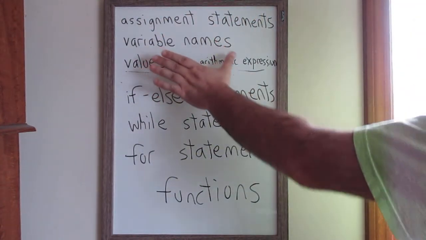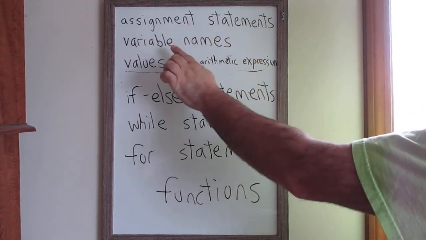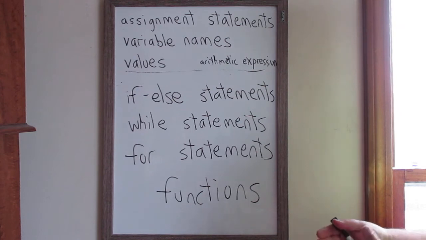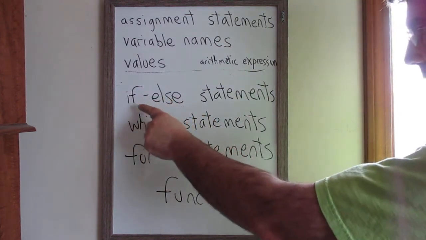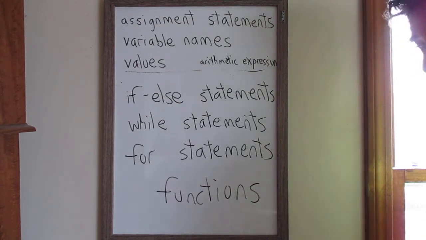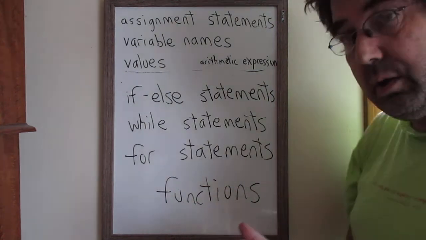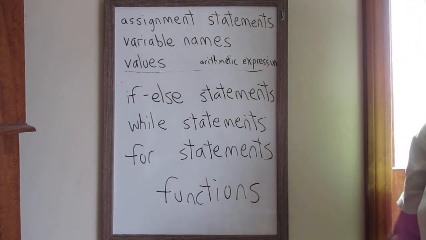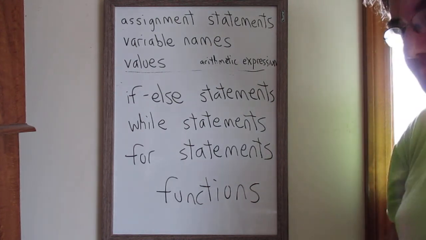So you learn these building blocks: assignment statements, variable names, values, arithmetic expressions. Then you learn the next set of building blocks: if-else statements, while statements, for statements, and functions. And then you've got all the building blocks to start creating computer programs that can do a whole ton of different useful things in many different parts of the job market.